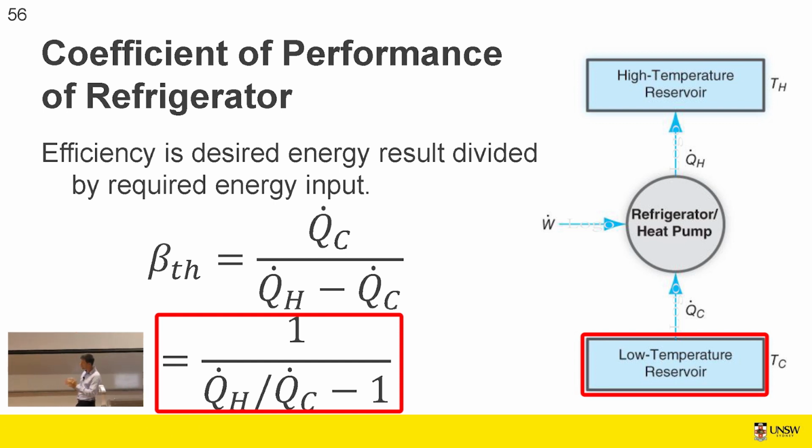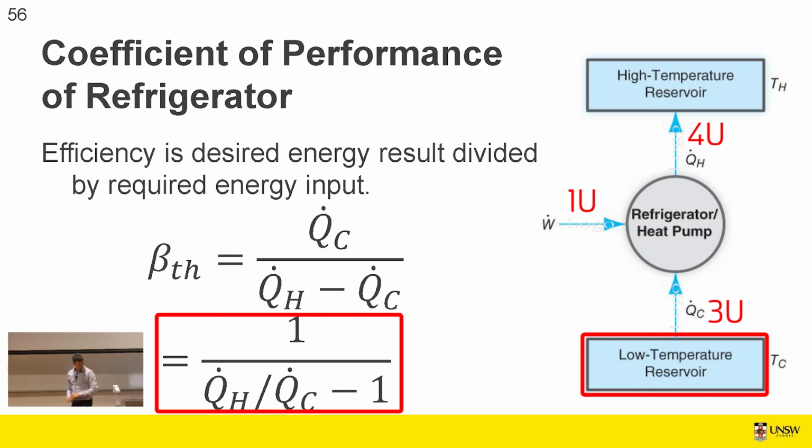So it should be obvious to you, maybe not obvious, but you should be able to see that whatever heat you put in here, plus whatever work you put in here, the sum of those two values, so if this was 1 unit and this was 3 units going into the cycle, then what comes out of the cycle must be 4 units. This is kilojoules, kilowatts, megawatts, doesn't matter, right?